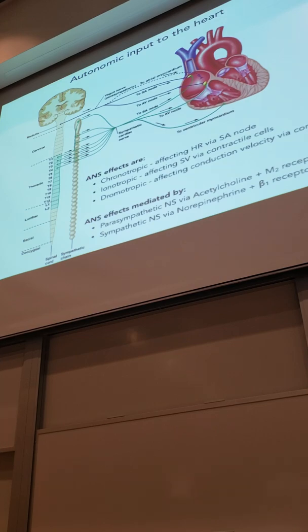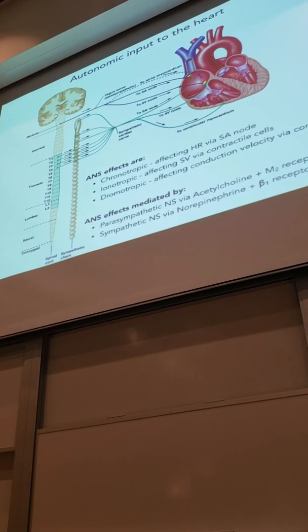We call the receptors by different names. The receptors that respond to sympathetic neurons are called adrenergic receptors, and the one we're concerned with here in the heart is the beta-1 receptor. This is a G protein coupled receptor.